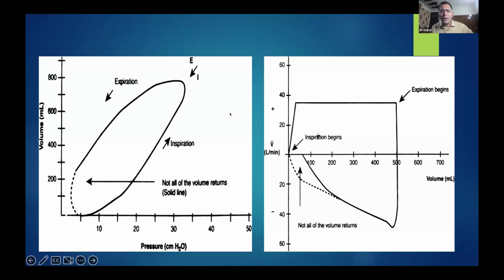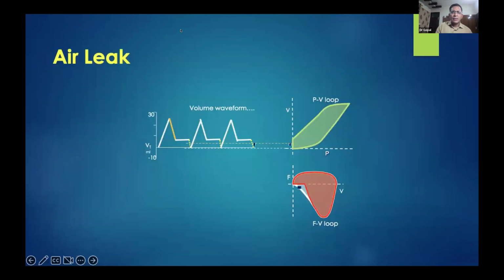Again, we can discuss in the actual workshops, but air trapping is different. So just to summarize what I have shown here: the PV loop will go up and suddenly it will fall flat. In the flow volume loop, it will end here.